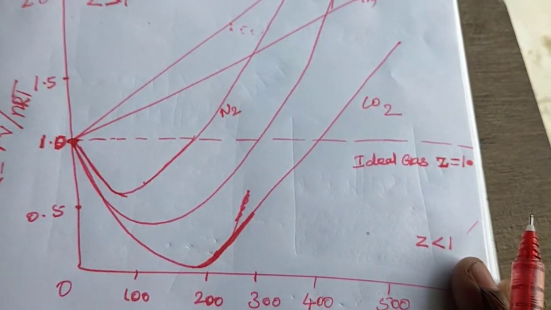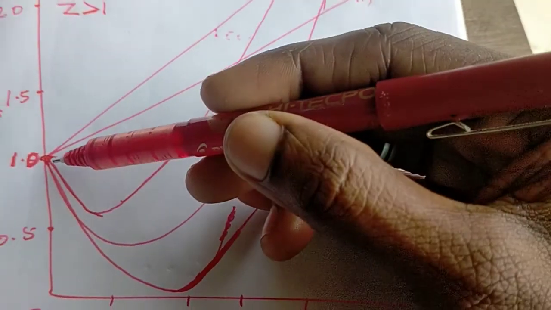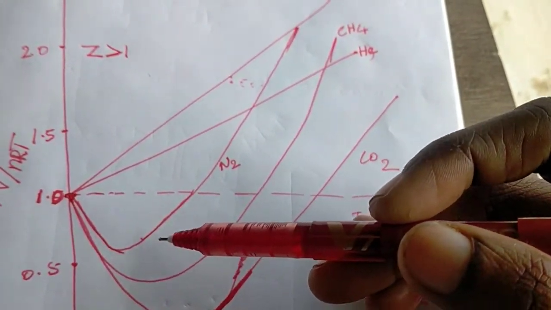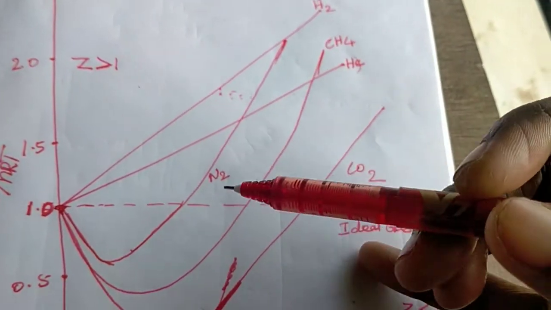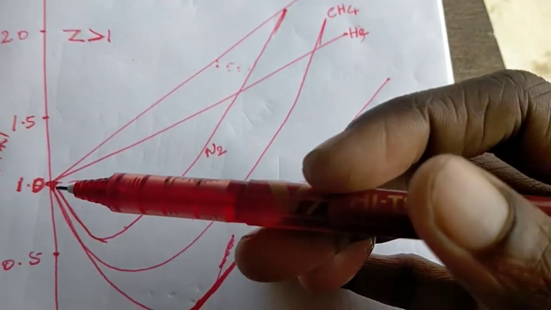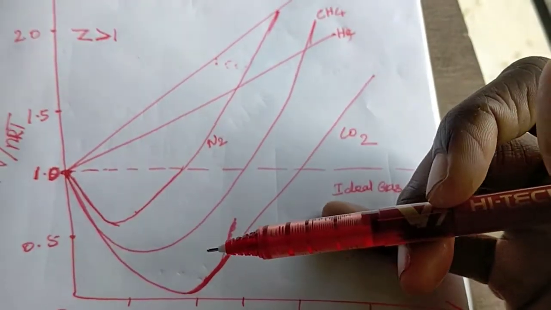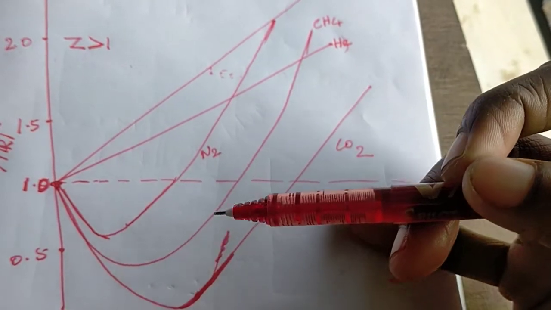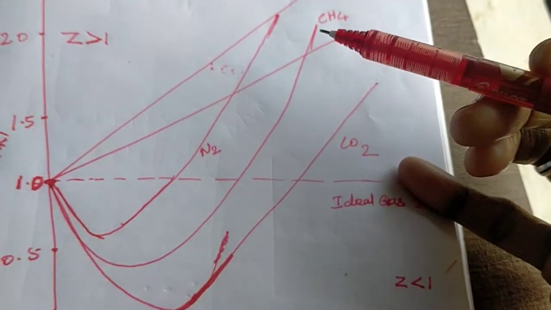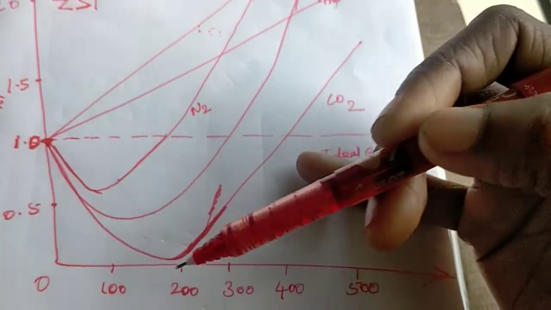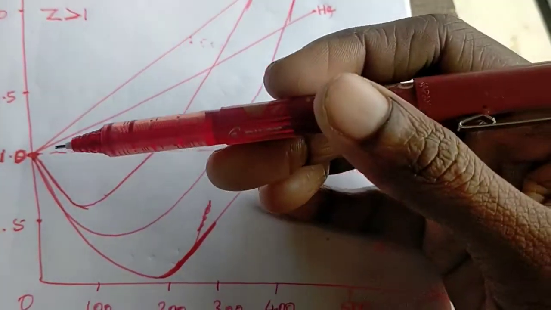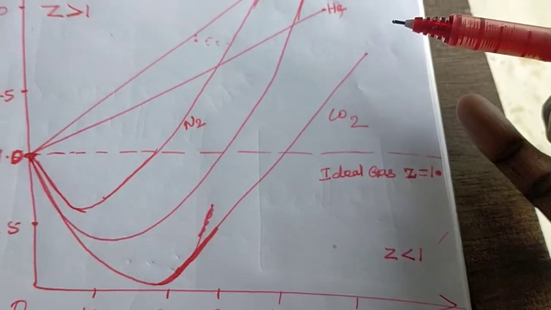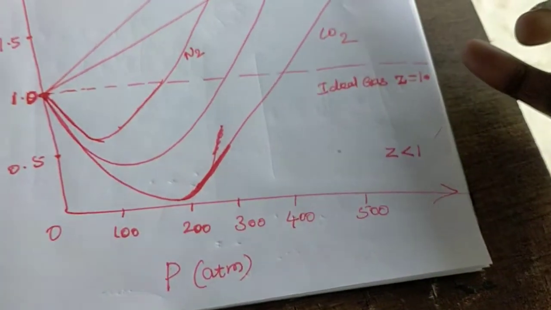So Boyle's point will show some Z value decreasing and then increasing for N2. Then again for methane, the value decreases and then increases. Then for CO2 gas, it decreases more and gradually increases with increasing pressure.